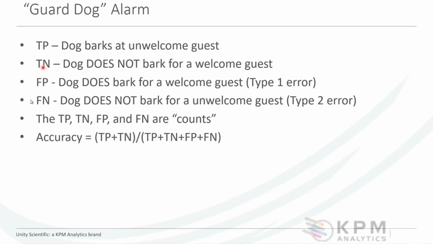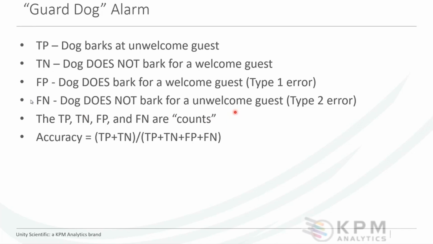A true negative is that the dog does not bark for a welcome guest. So the welcome guest is there, but the dog does not bark. A false positive is the dog does bark for a welcome guest. So this is a type 1 error. And a false negative is the dog does not bark for an unwelcome guest.